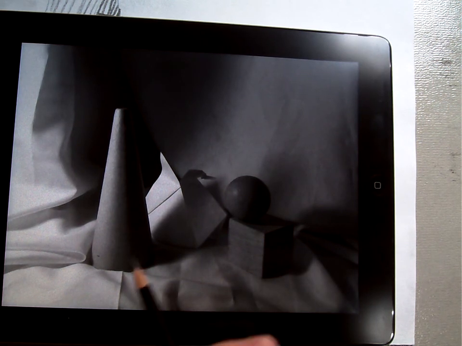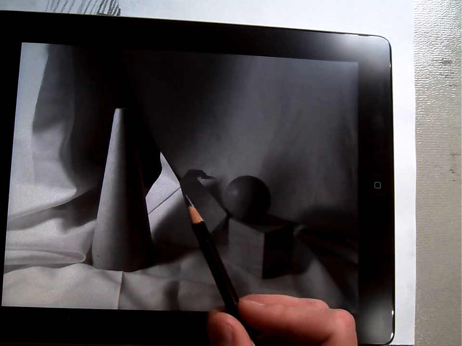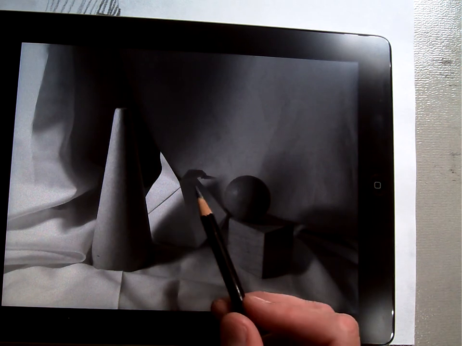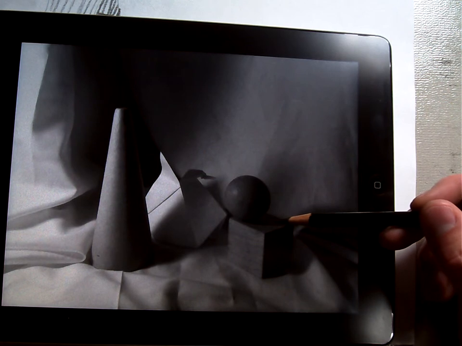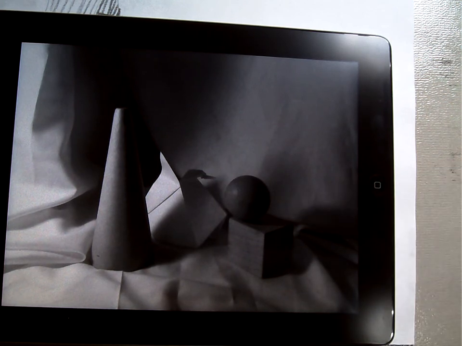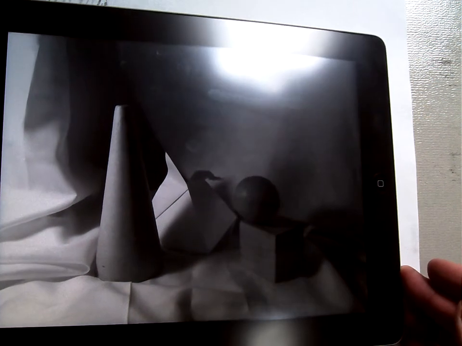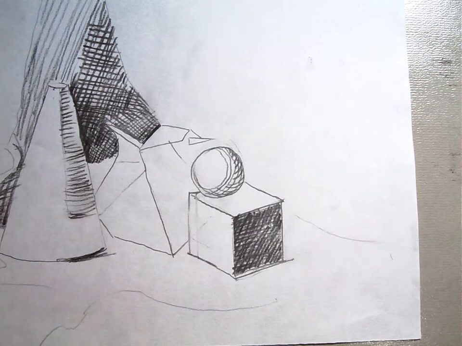You can see that this cone here casts a shadow along the front piece of this turkey. Okay, you can even see that there's a shadow here on top of that cube cast by the sphere. So, in the sense of looking at the values and looking at those shadows, you're going to take those shadows and put them onto your drawing.